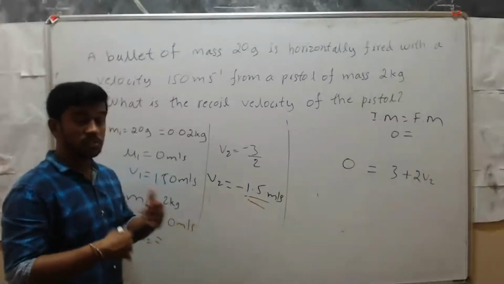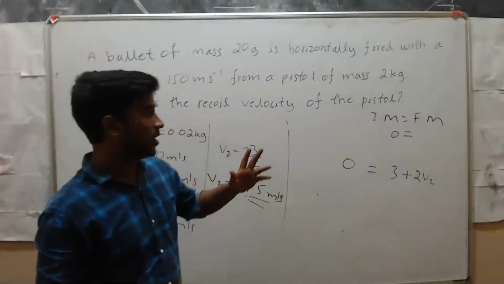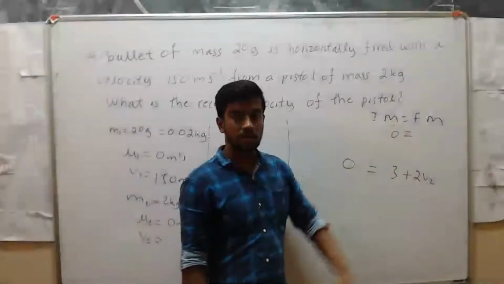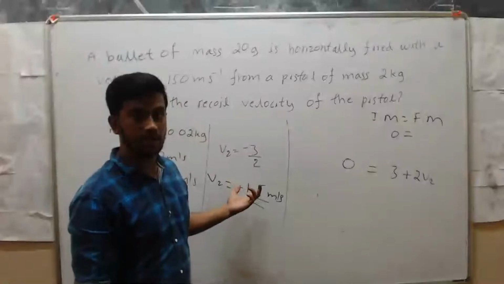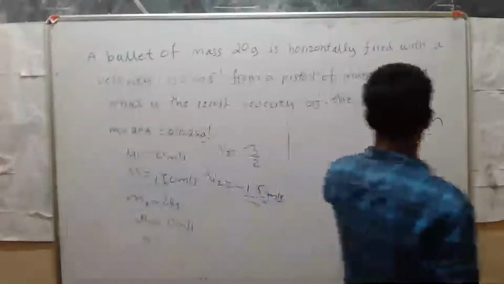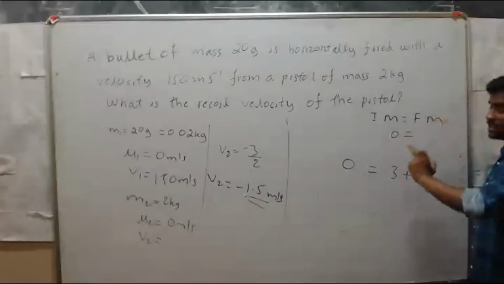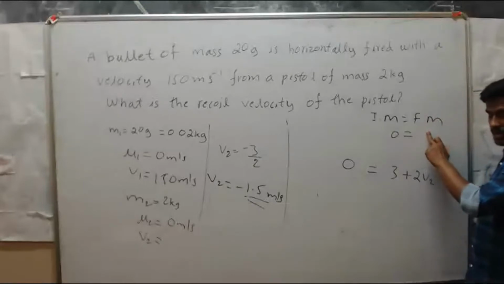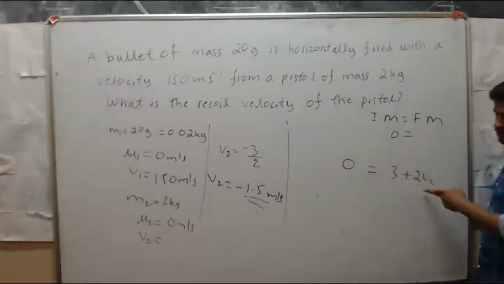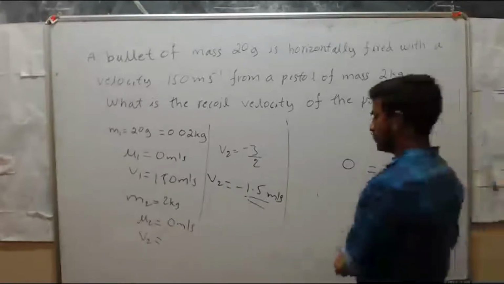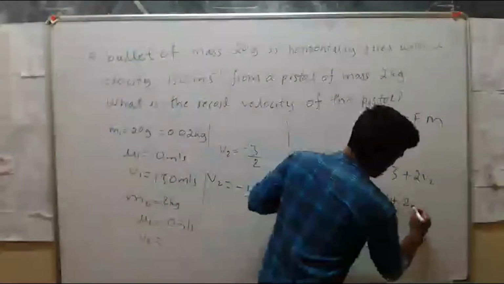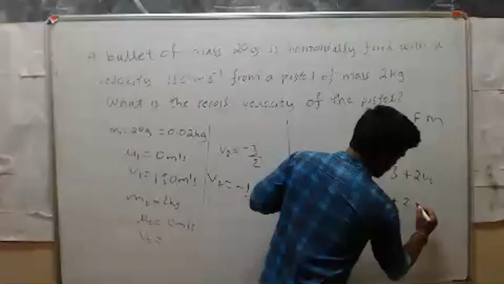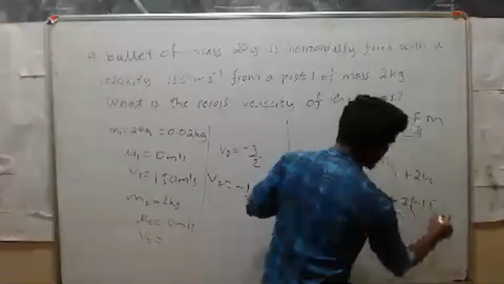Just to cross verify whether initial momentum is equal to final momentum, and whether the problem is correct, you can check yourself. Initial momentum is 0, so according to that condition we should get final momentum also 0, right? Substitute v2 value, minus 1.5. That is 3 plus 2 into minus 1.5.